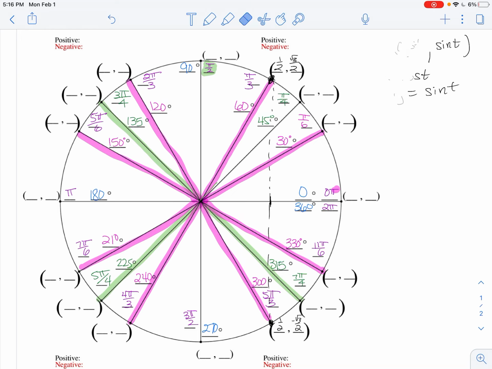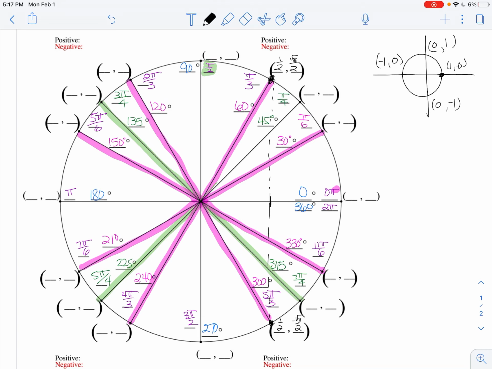And here's what you need to know. Are you ready? So the first thing you need to know is this. On the axes, just like the unit circle, it hits on these points that we talked about before because the radius is 1: 1, 0; 0, 1; -1, 0; and 0, -1.